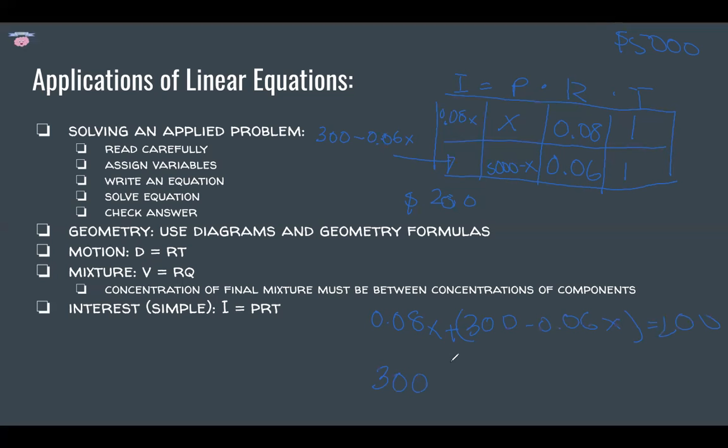So we have 300, and if we combine the like terms, we get plus 0.02x is equal to 200, which means 0.02x is equal to negative 100, because we have to subtract 100 from both sides, which means x is equal to negative 20,000. Right, we put negative 20,000 in this interest. What did we do wrong?